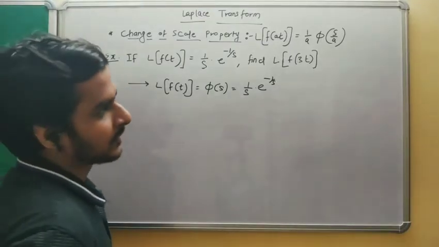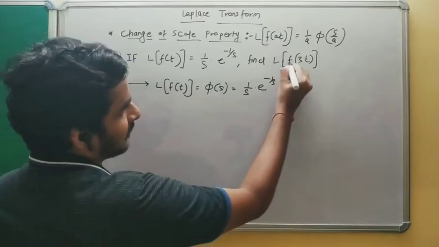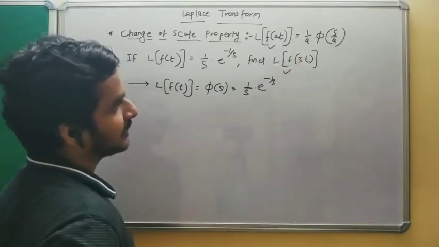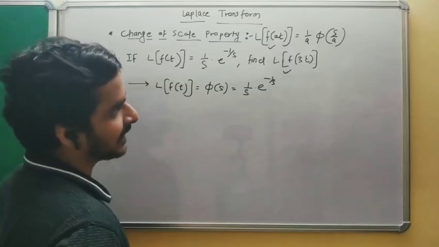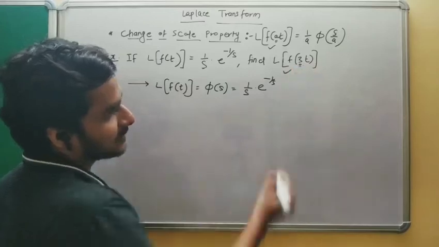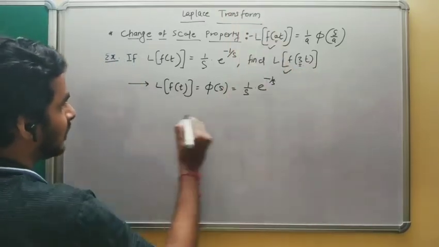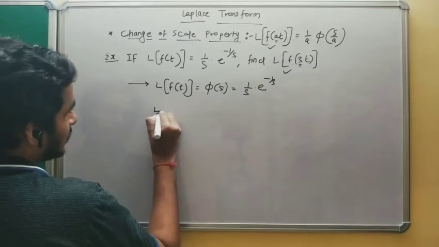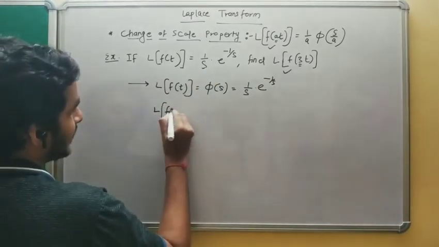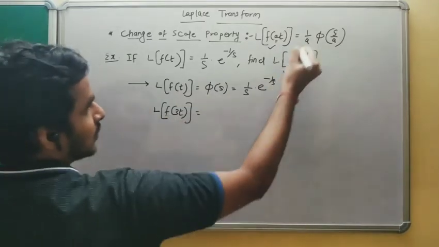Now see, they have asked you to find out Laplace transform of f of 3t. So if you compare with this formula, you will get to know that a is nothing but 3 here. So the next step will be, you have to apply the formula. So that according to the property Laplace transform of f of at, that is f of 3t, is equal to 1 upon a.